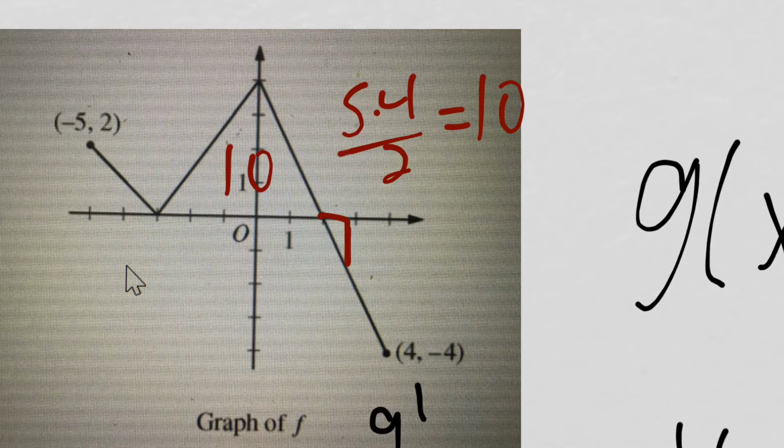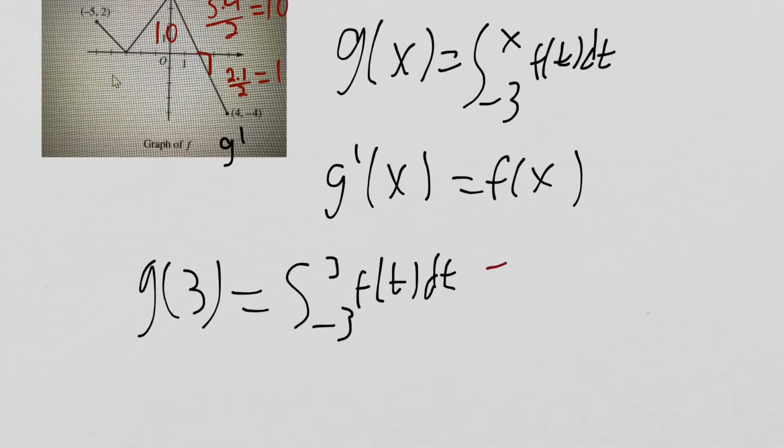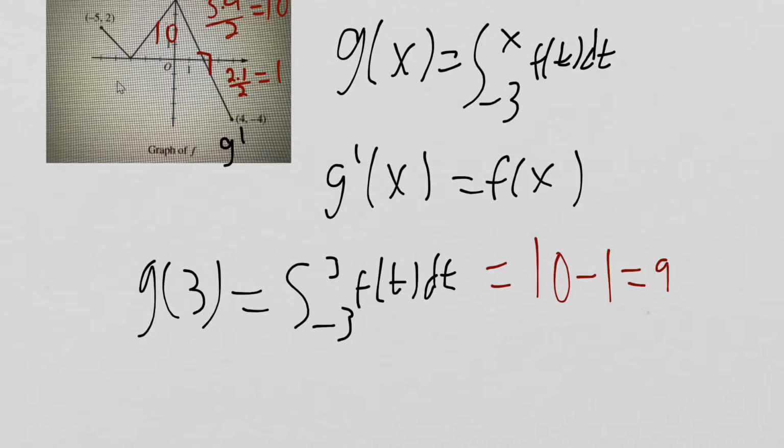And then down here we have a triangle that has a base of 1 and a height of 2, because this line has a slope of -2, down 2 over 1. I just haven't drawn that picture very well, but this is going to be a triangle that is 2 times 1 divided by 2, which is just 1. So then our area is going to be equal to 10 minus 1, which equals 9.